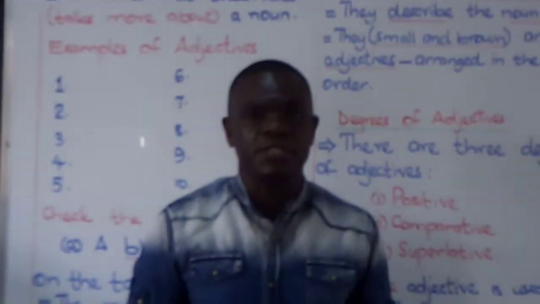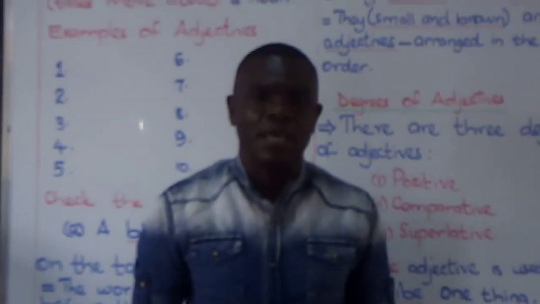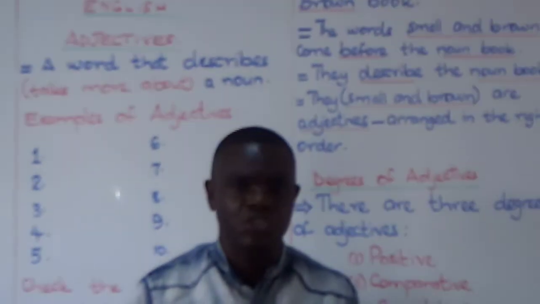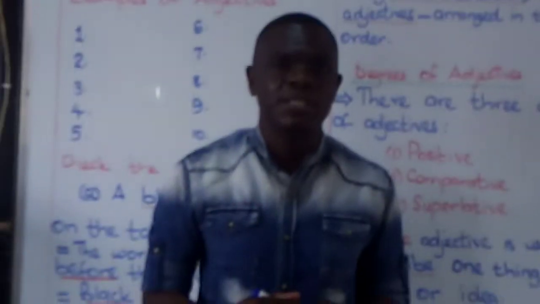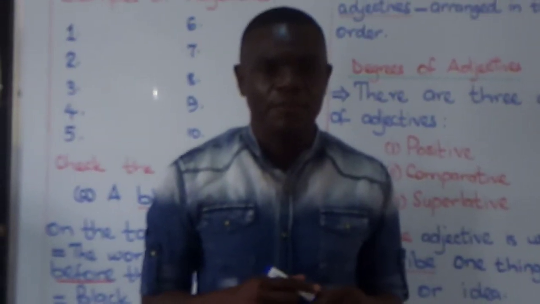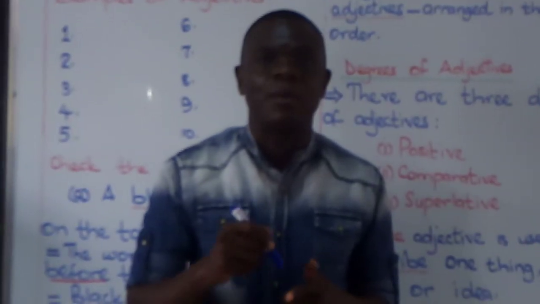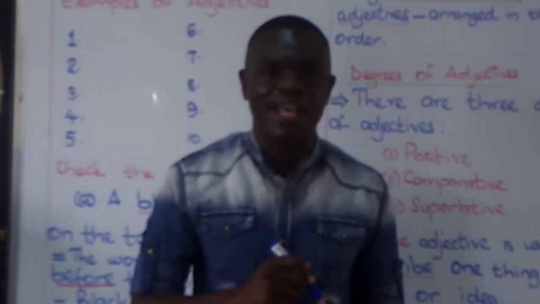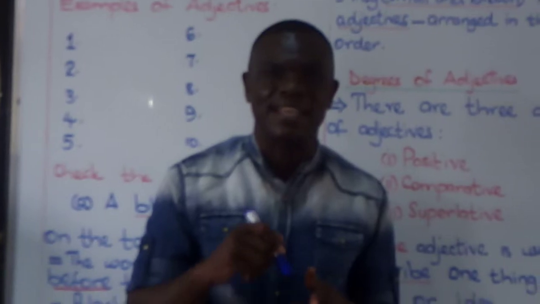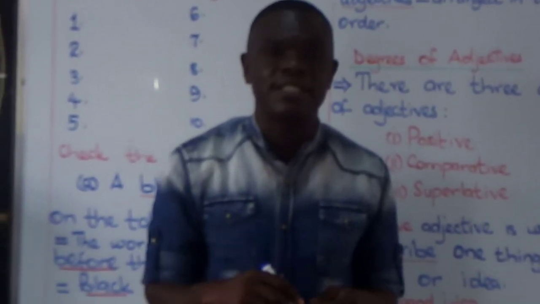And today I want us to look at adjectives. Adjectives are parts of speech. It's a part of speech attached to a noun. You know, the first part of speech is a noun, and then a pronoun, and then an adjective to describe a noun. So a word that describes a noun is an adjective.